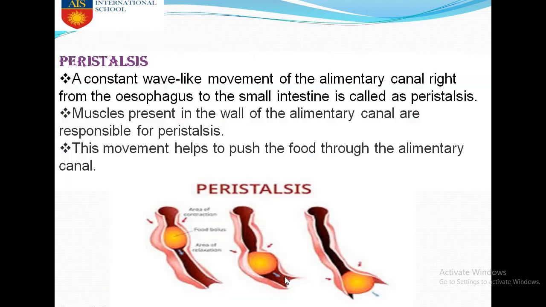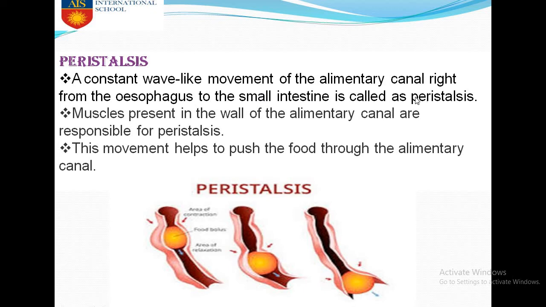Clear? Next, I told you about peristalsis. I told you that the food passes from the esophagus to the stomach with the help of peristaltic movement. So what is peristalsis? Peristalsis is a constant wave-like movement of the alimentary canal right from the esophagus to the small intestine.